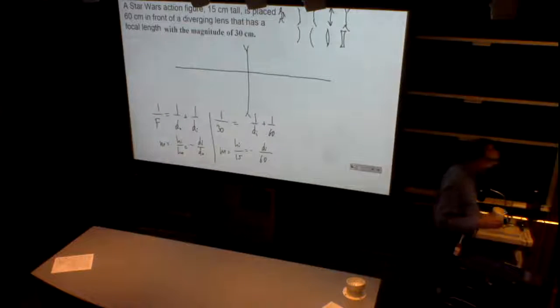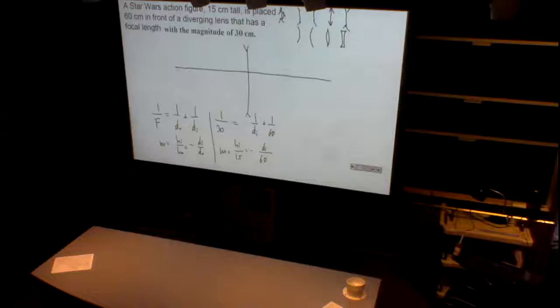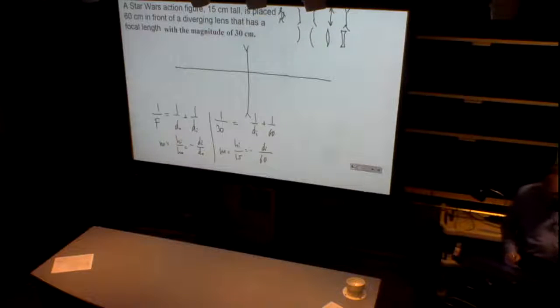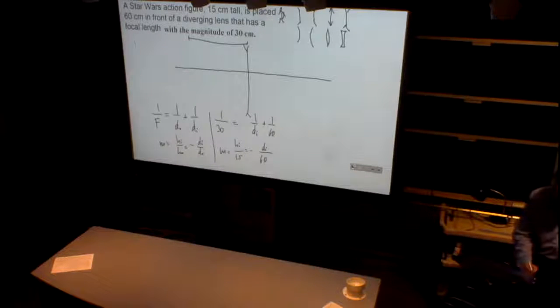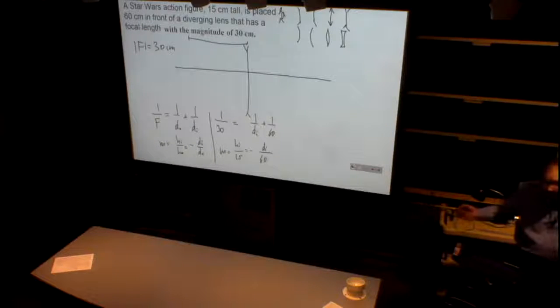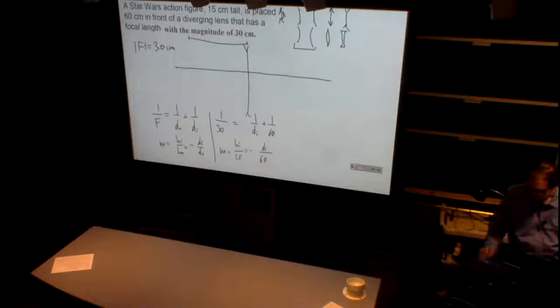It's a diverging device. For a diverging device, the focal distance has to be negative. That's why this word, magnitude, is used. So the magnitude of the focal distance is indeed 30 centimeters because it's magnitude. However, we need to know that for converging devices, the focal distance is positive.